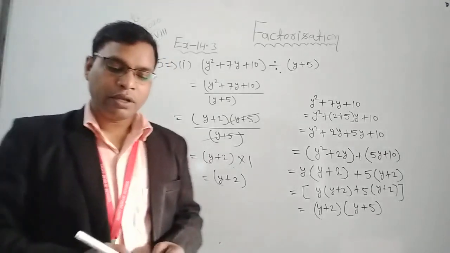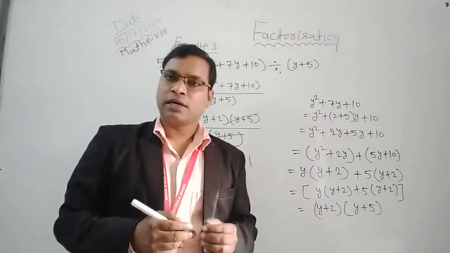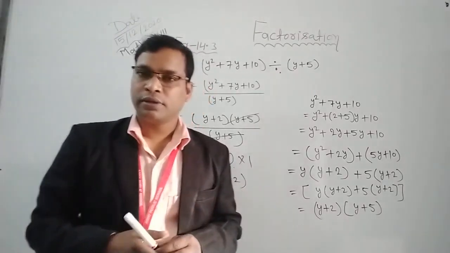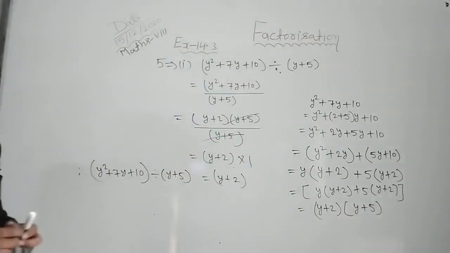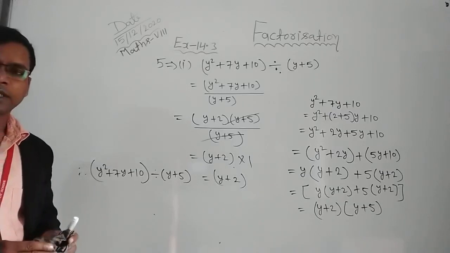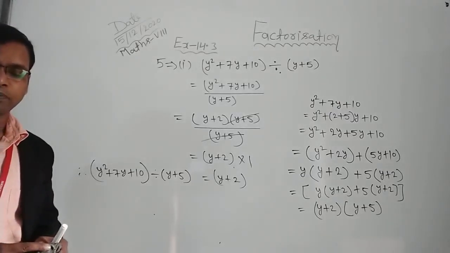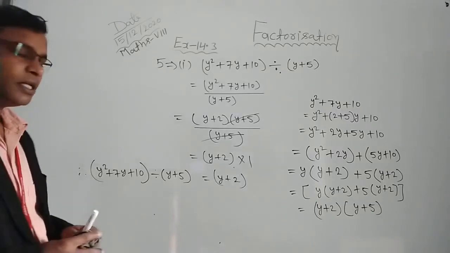Now we are going to discuss the next part, part 2 of question number 5. Let's see what the second part of question number 5 is. The second part is m square minus 14m minus 32 divided by m plus 2.